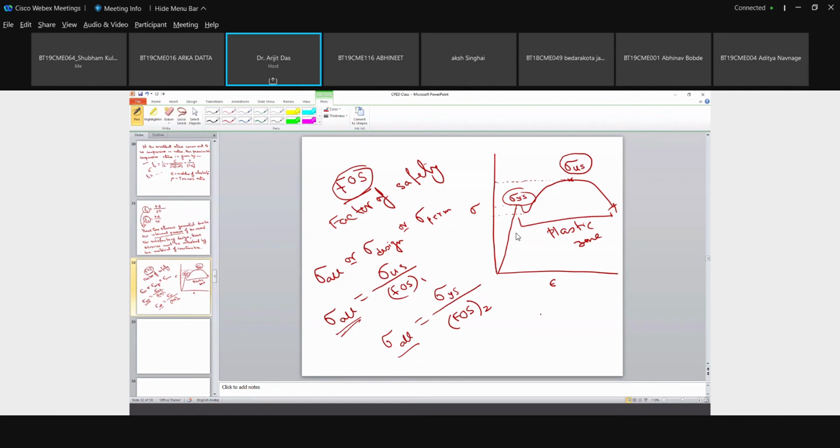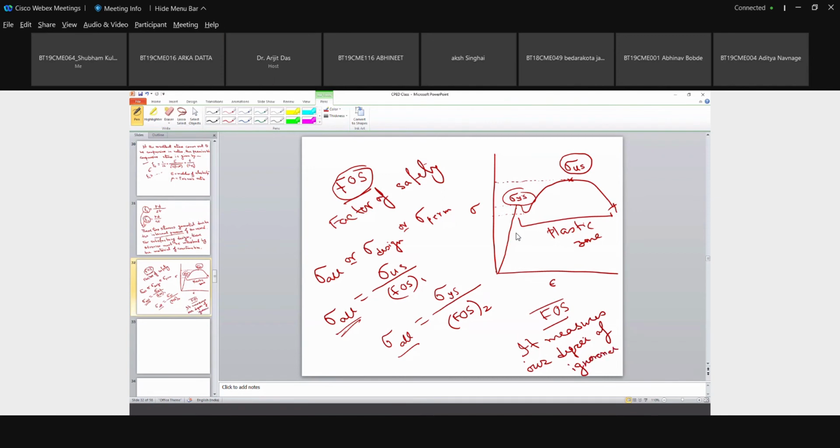And what is factor of safety? Factor of safety is a dimensionless number. Philosophically, not as an engineering definition, it measures our degree of ignorance.